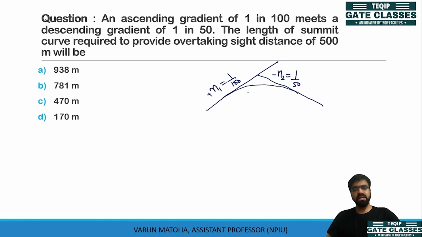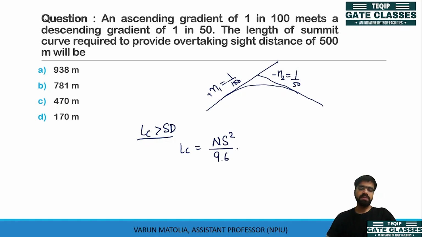and the design of the length of summit curve is based on your sight distances, either your SSD, OSD or ISD. When the length of curve is assumed to be more than your sight distance, for OSD it is N S square by 9.6.